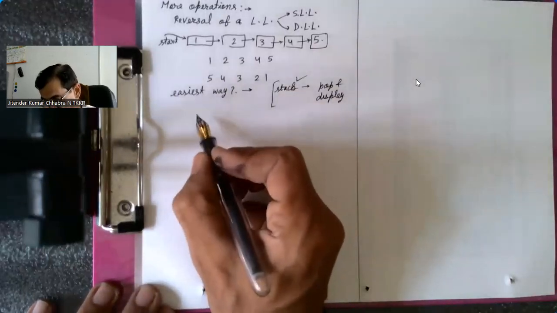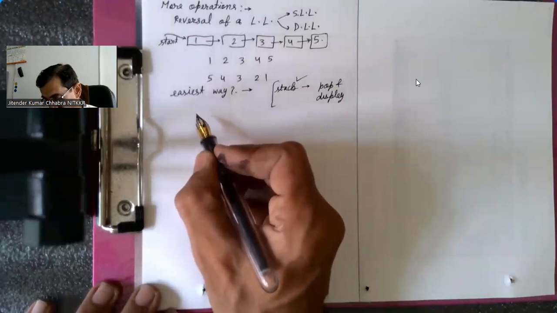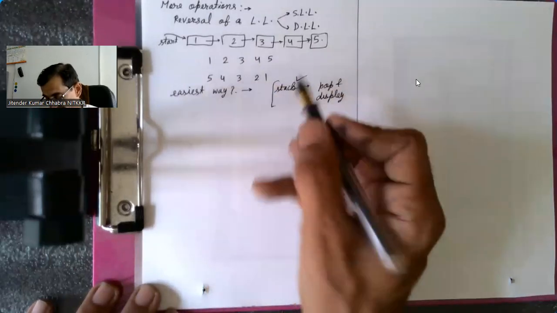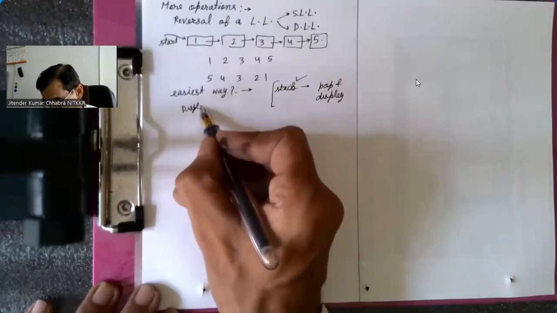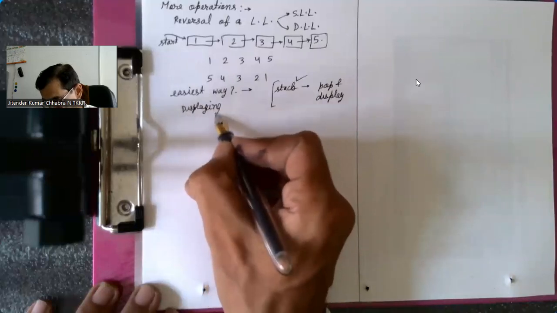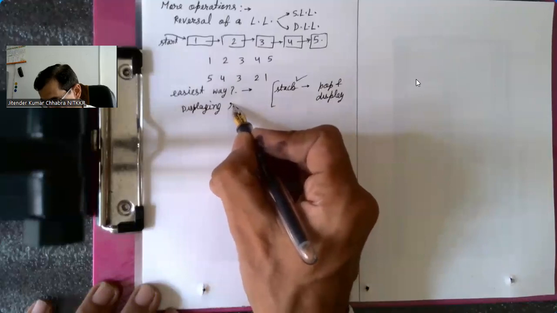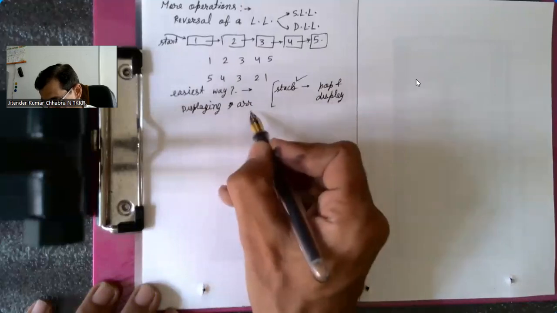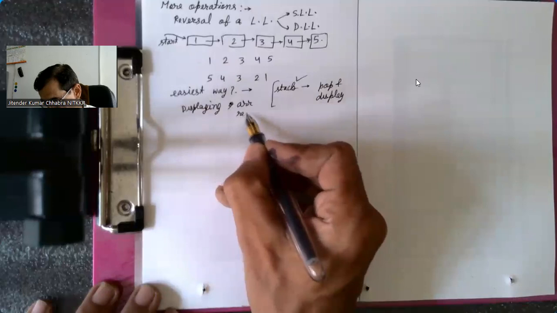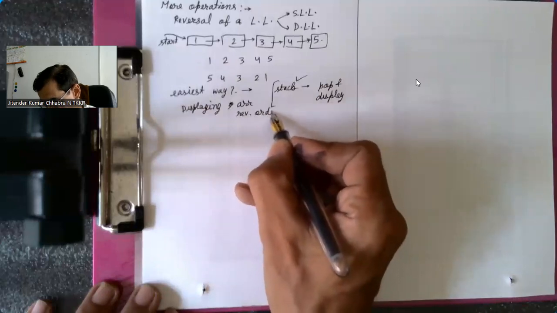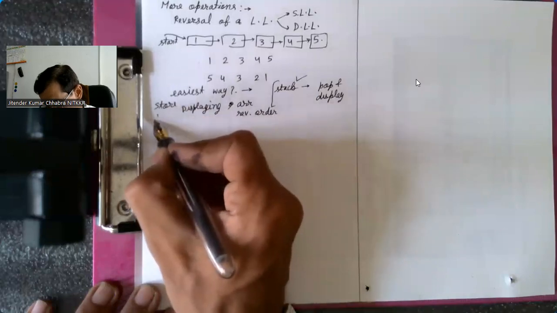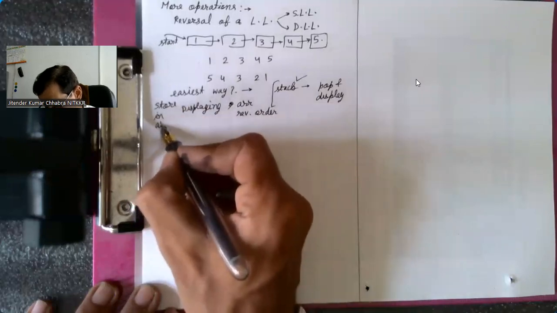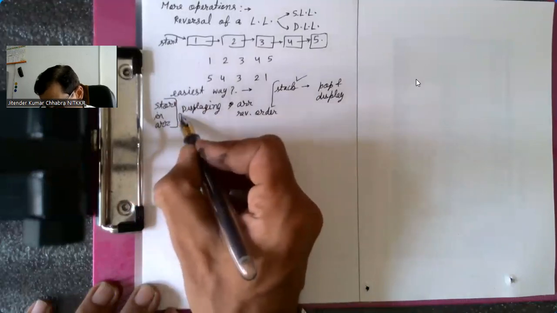Similarly, you could think of storing all values into an array and then displaying the array in reverse. So store in array and then display. Again, not a good way, but yes, can be an easy way.